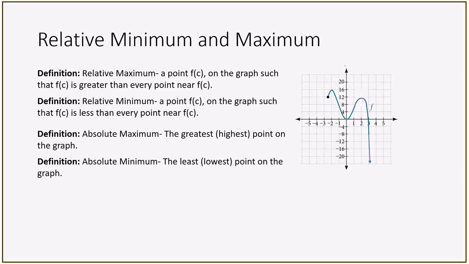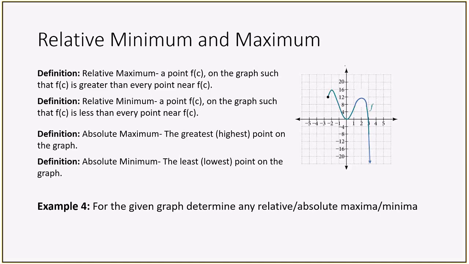And something to note, relative maxes and relative minimums, I could have 1, I could have 2, I could have 50. There isn't a set number of how many exist. Whereas with absolute maximums and absolute minimums, I'm only going to have 1, or possibly none. There is a scenario where I don't have an absolute max or absolute min, and we'll talk about that shortly.